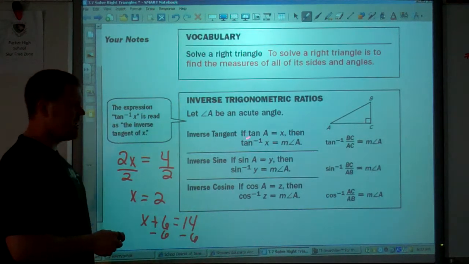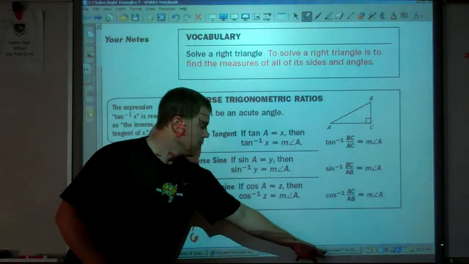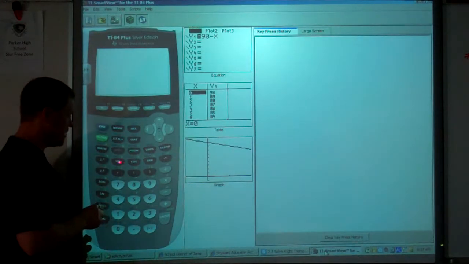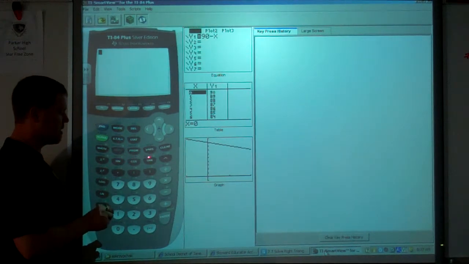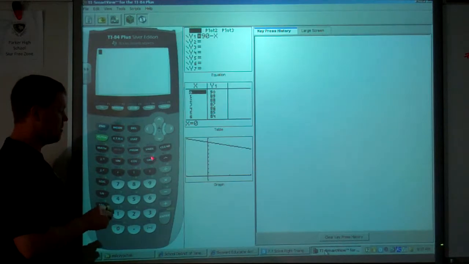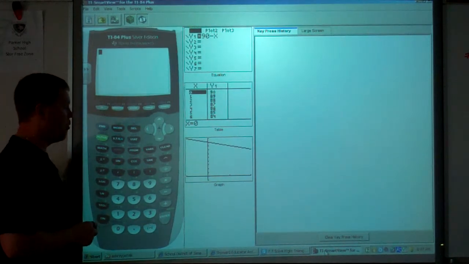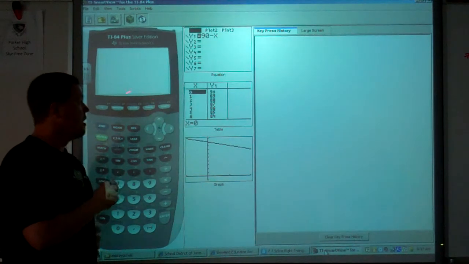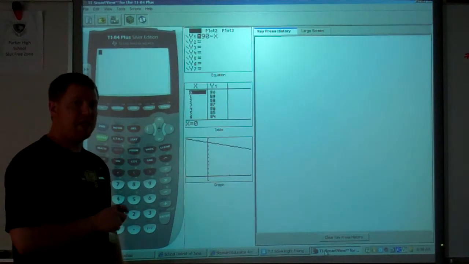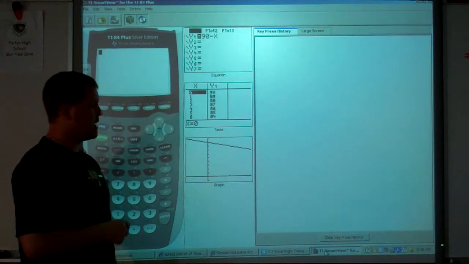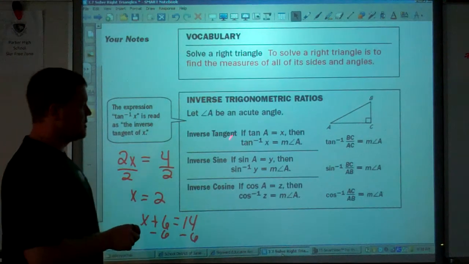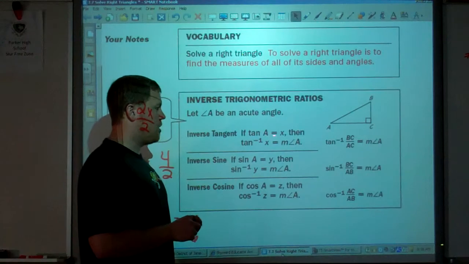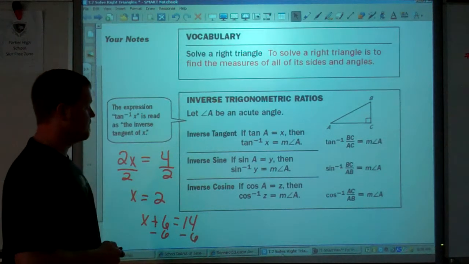On your calculators, right above the sine, cosine, and tangent buttons, you'll see sine to the -1, cosine to the -1, tangent to the -1. Or you may have to go into your menu to find sine inverse, cosine inverse, and tangent inverse. We use these inverse functions to solve for the angle measures.